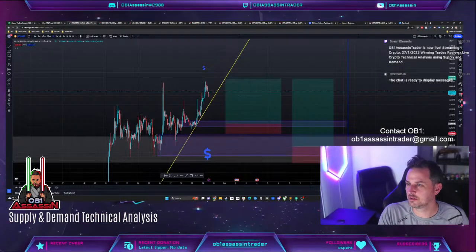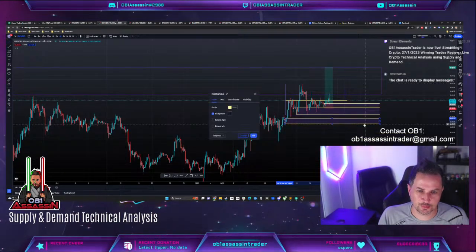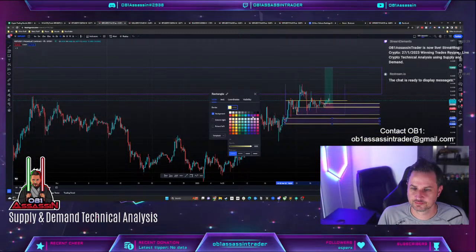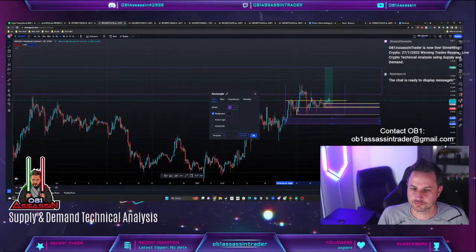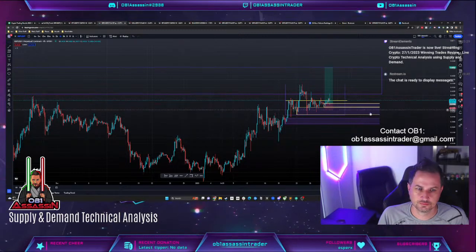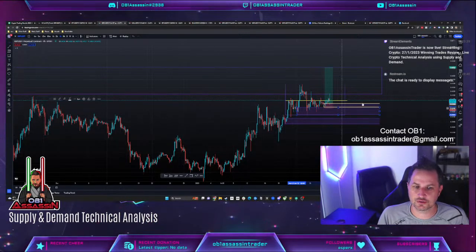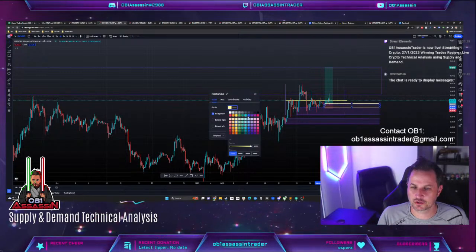I need to make the system line up, so these now need to be purple edges. Purple edges for order blocks. Order blocks are purple.